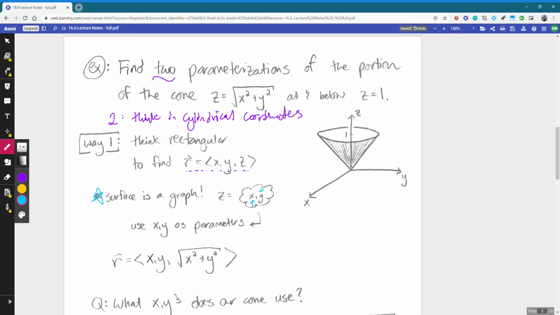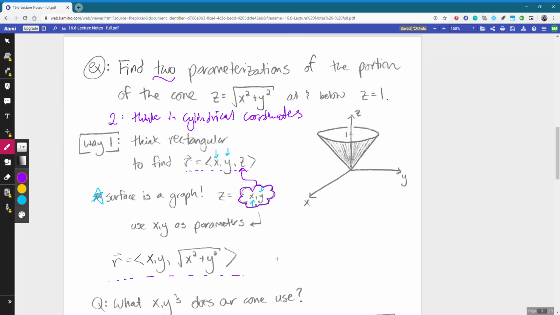So in terms of x, y, and z, we're going to leave x and y alone. Those are going to be our parameters. And this little cloud of stuff in terms of x and y, we're just going to plop that in where we see z, and right away we have a good-to-go vector function that's going to work as our parameterization.